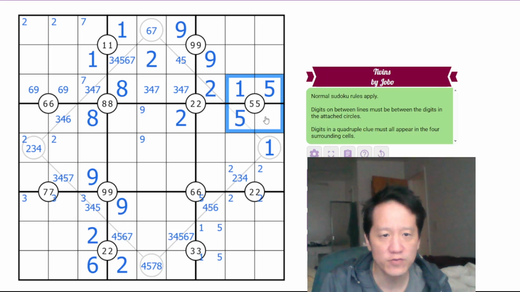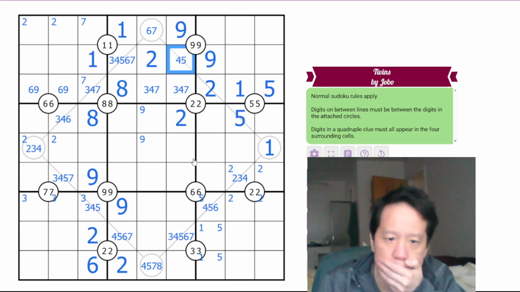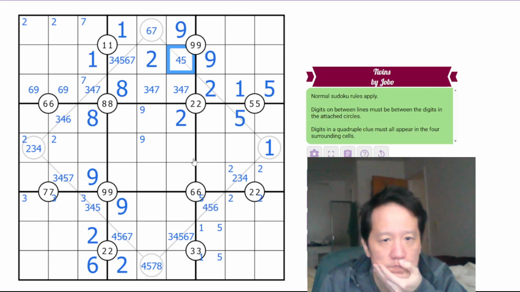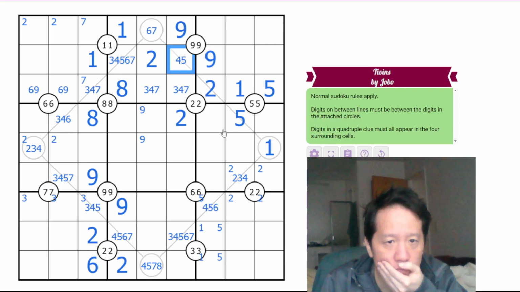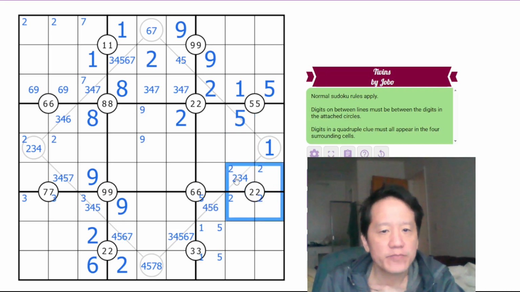This 5-5 twin limits things there. Four and 5 still works here. What else do we have here?